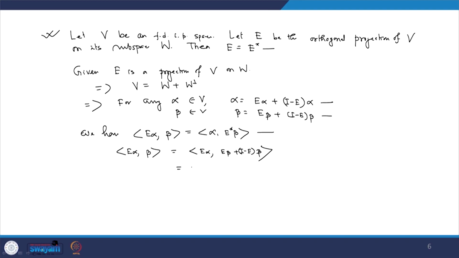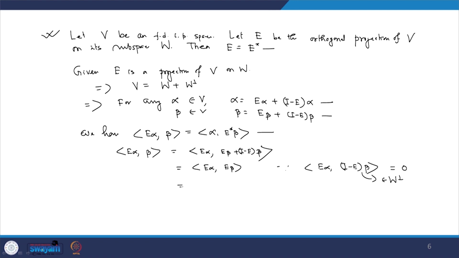So this is equal to the inner product of E alpha and E beta, since the inner product of E alpha and I minus E operating on beta will be equal to 0, because this one belongs to W complement.